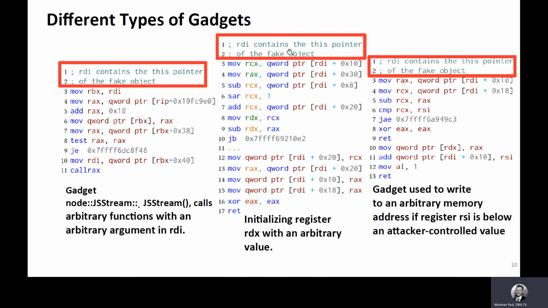Here again, the RDE contains this pointer of the fake object, which is then used to further do the necessary computation. And on the right, we have the gadget used to write to an arbitrary memory address if the register RSI is below an attacker controlled value. Again, the RDE contains this pointer of the fake object. So these are 3 examples of gadgets, and of course, there are more. And basically, we use them during our attack construction process.